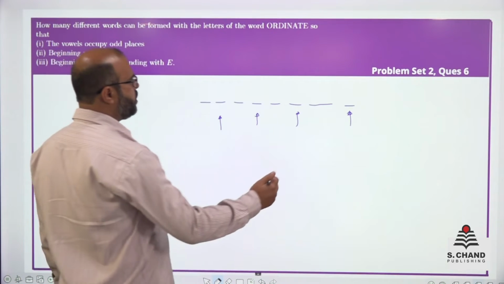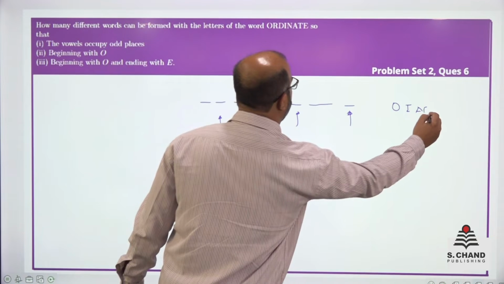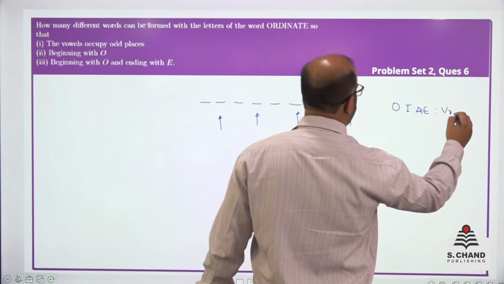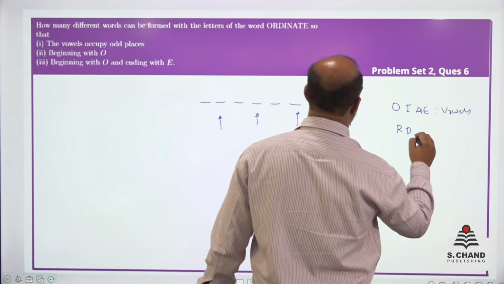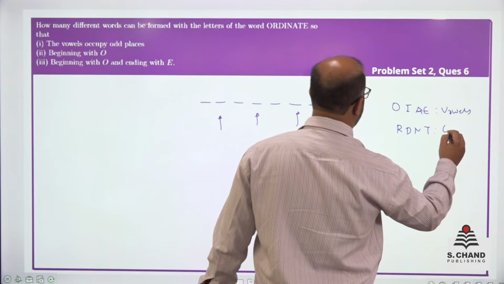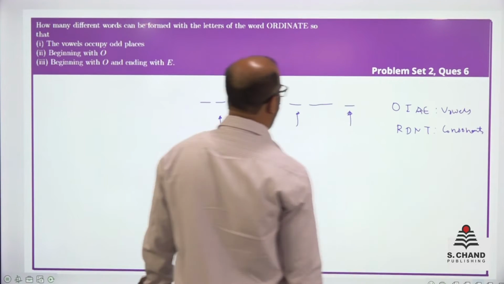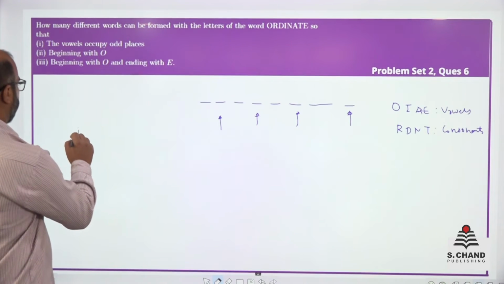What are the vowels? Vowels are O, I, A, E. And what are the consonants? R, D and T. These are the consonants. So in odd places you have to arrange vowels for the first part of the question.